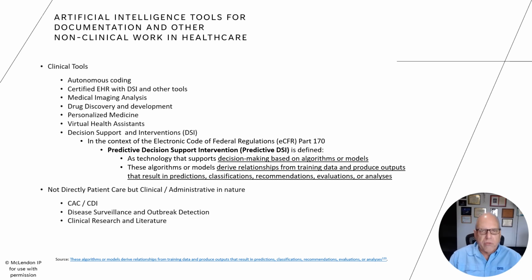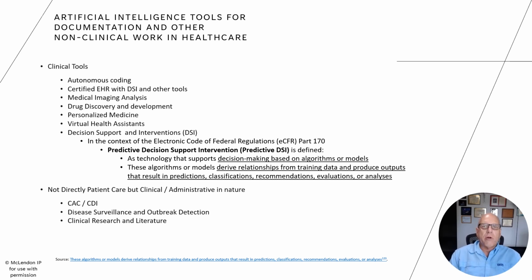So if you have a physician that is making an order and AI is reviewing the context of that order with the rest of the patient's data and making suggestions or trying to get a diagnosis in place for a final diagnosis and wanting to consider all of the data, those are going to be predictive decision support interventions, or DSIs.